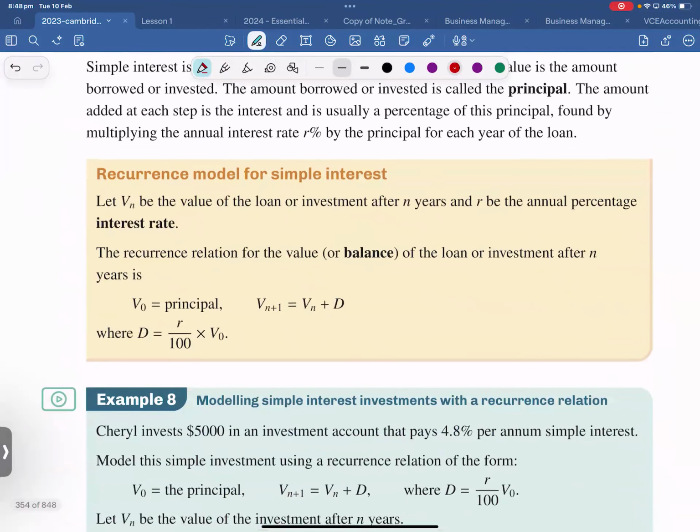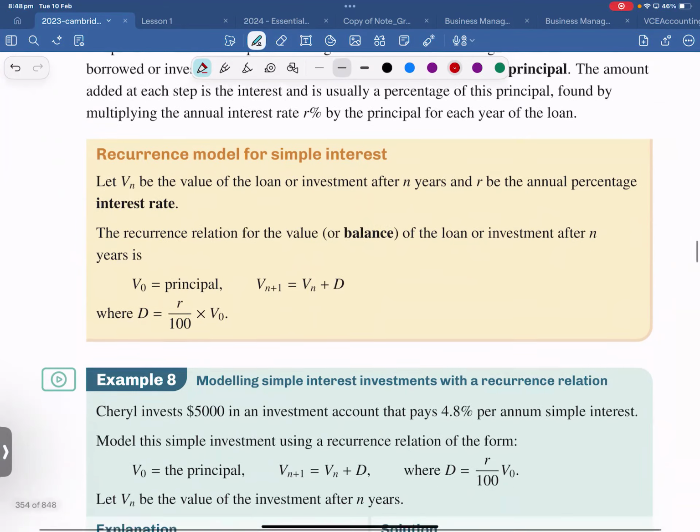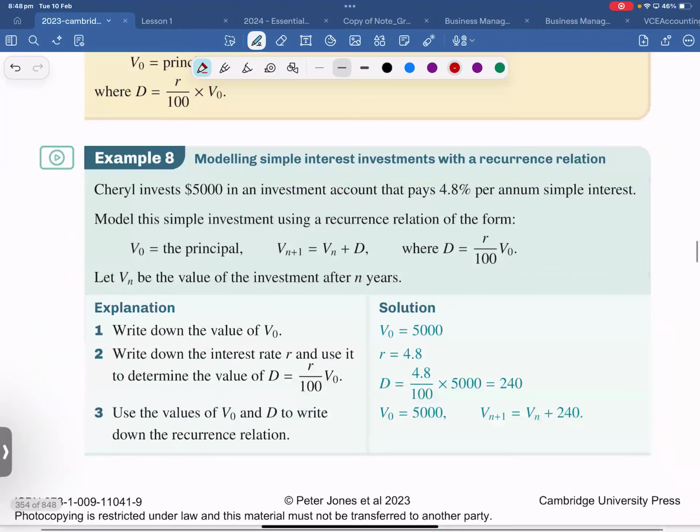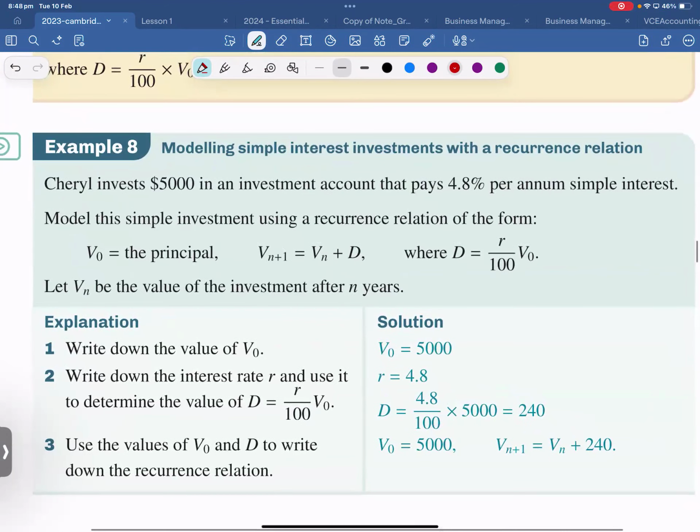Every year, what do you mean by simple interest, guys? Every year the value is increasing by a fixed amount. That certain amount is a constant, fixed, right? So now have a look at this one. Cheryl invests 5,000 in an investment account that pays 4.8% per annum simple interest.